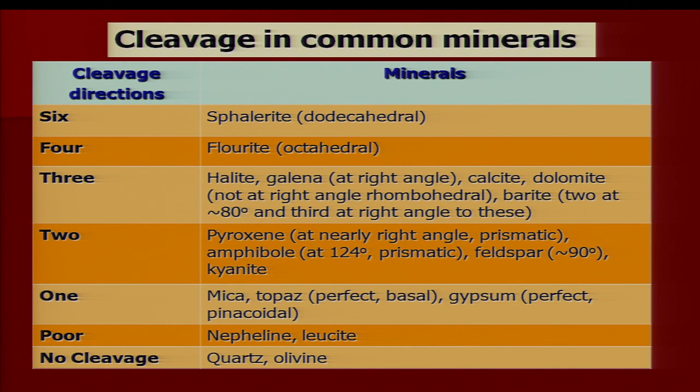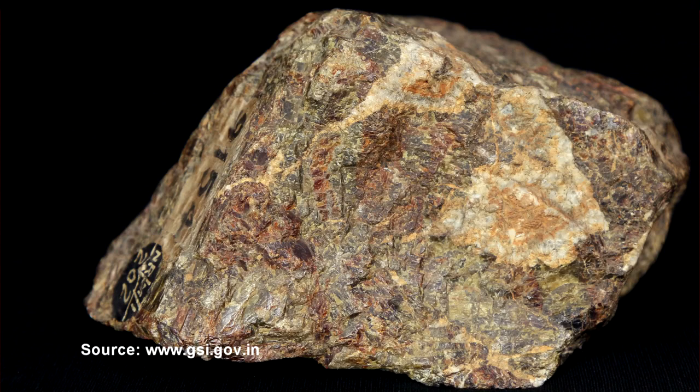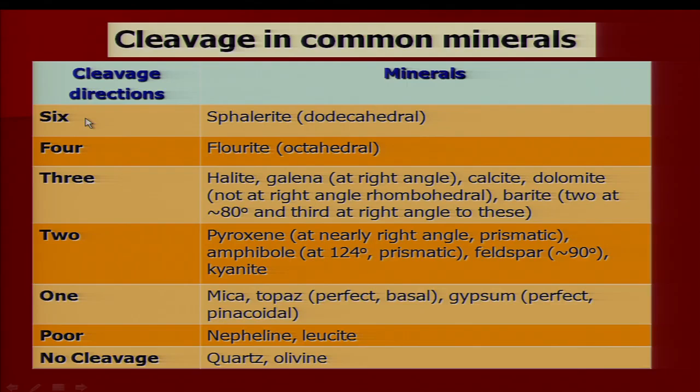All the conditions are possible in nature. When the cleavage is in 6 directions, we call it a 6 directional cleavage. An example is sphalerite. The partings or cleavages are parallel to dodecahedral faces.